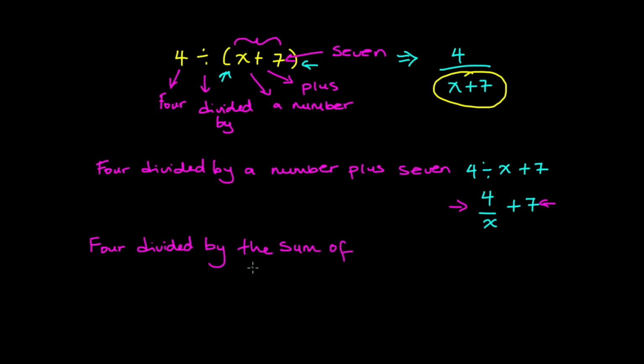By saying the sum of, we're saying that it's going to be in a bracket. We're saying that the components inside of the brackets are what we're trying to identify. And we're saying it's the sum of a number, and that number is x, and 7.